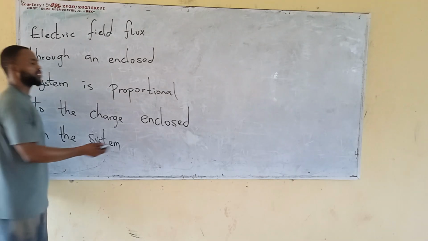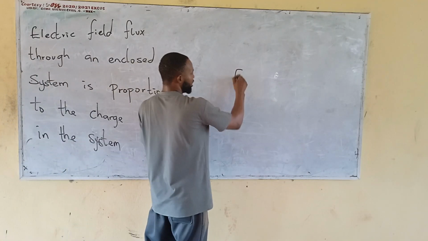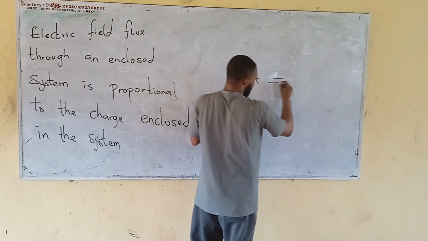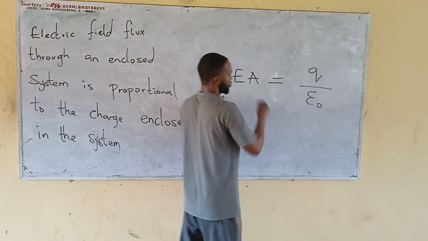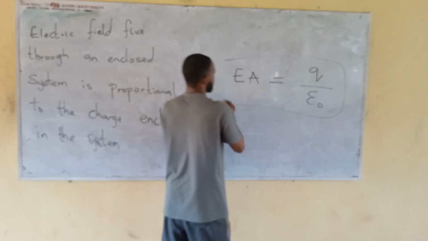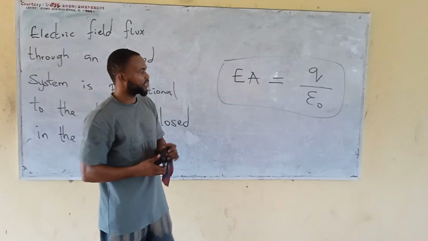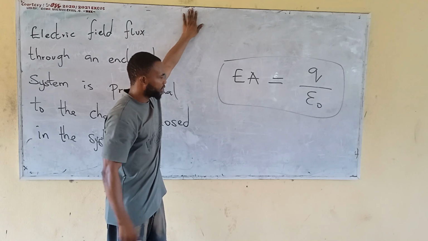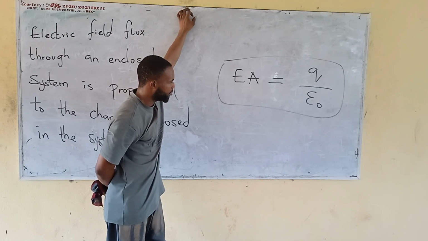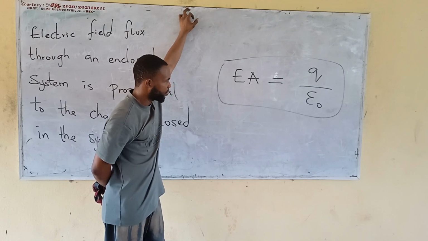So if you want to put it mathematically, it's the same thing as saying EA equals Q over E naught. And there are cases where sometimes they tell you to prove many things. They'll be telling you, prove this, prove that.